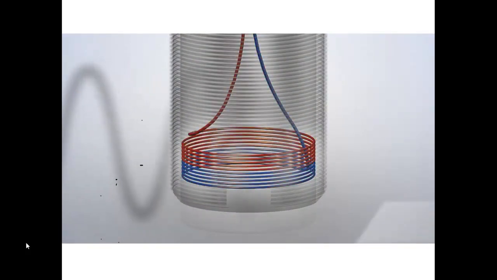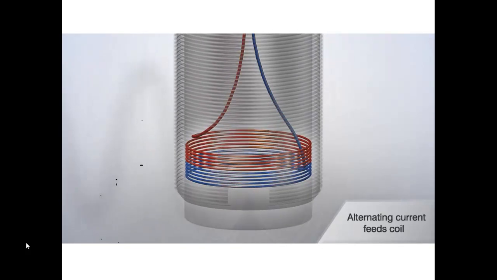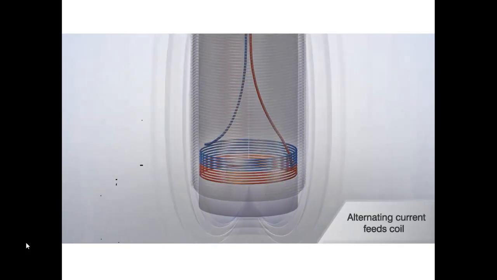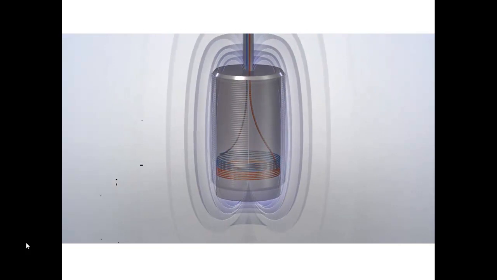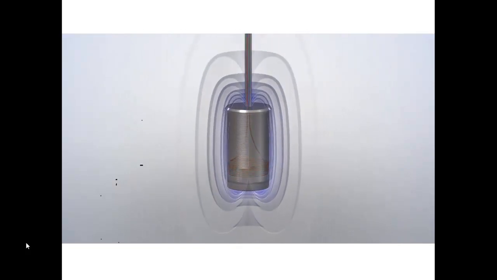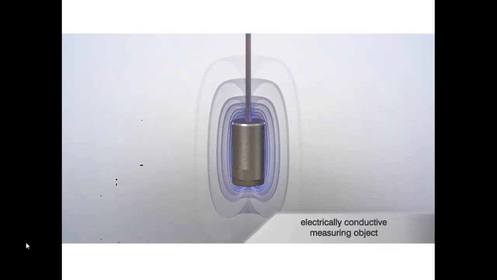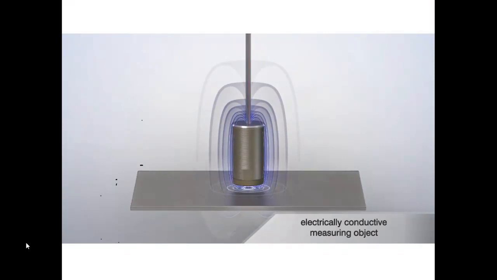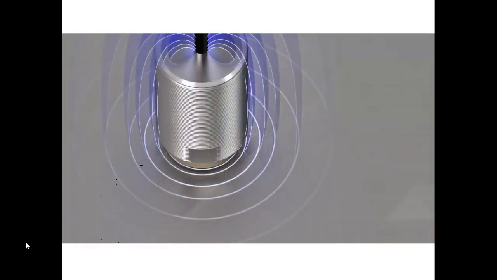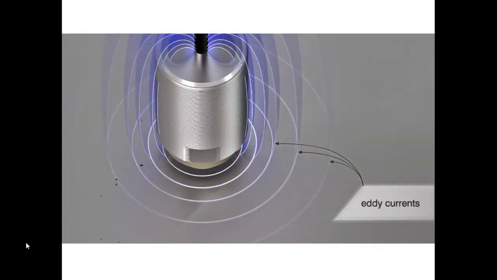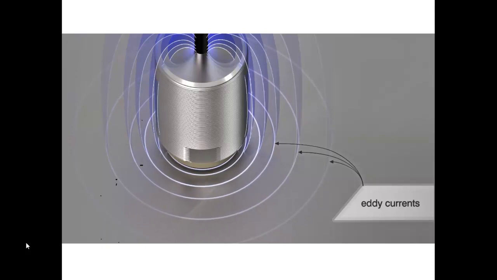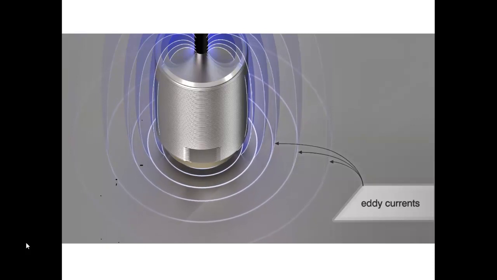So again, it talks about production of eddy currents. Alternating current feeds a coil, and a magnetic field is produced. Then an electrically conducting measuring object is placed near this arrangement, which creates eddy current in the form of concentric circles.